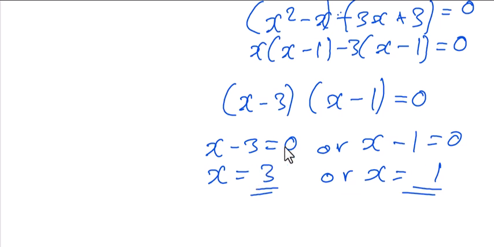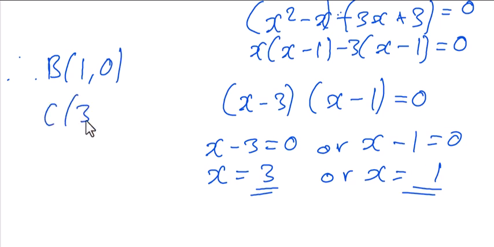Therefore, our B coordinate is going to be 1, 0, and C is going to be 3, 0.